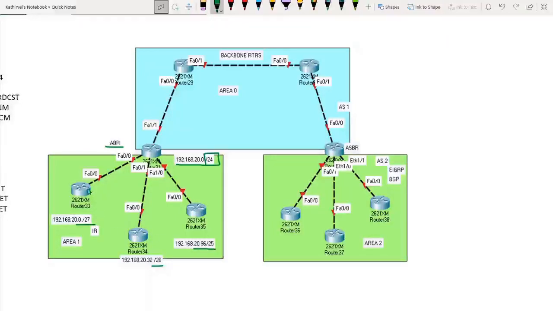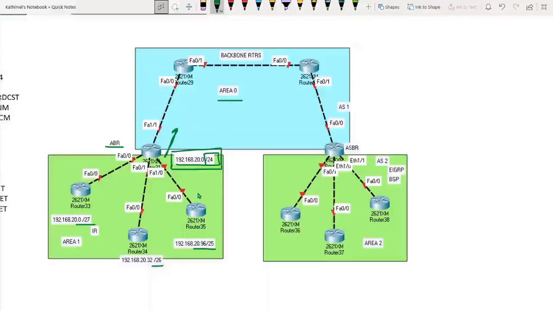If you advertise all of these routes one by one to area 0, it might be time-consuming and complicated. To avoid that, you can summarize this network as 192.168.20.0/24, and this summarization is advertised to area 0.